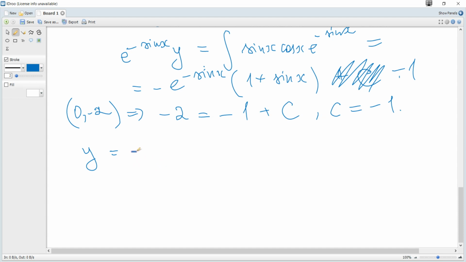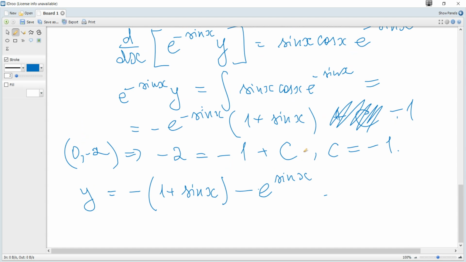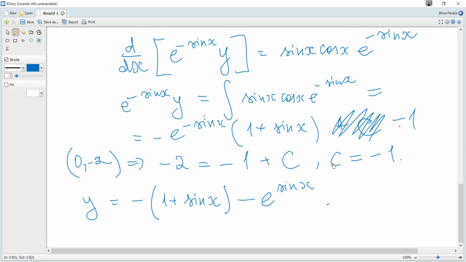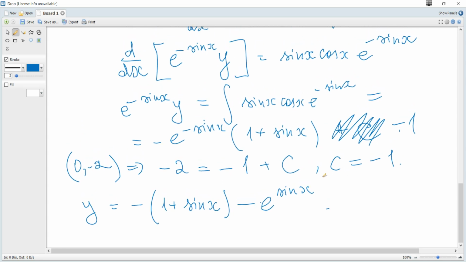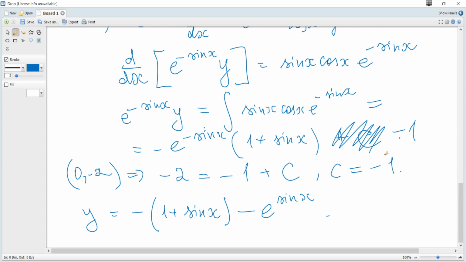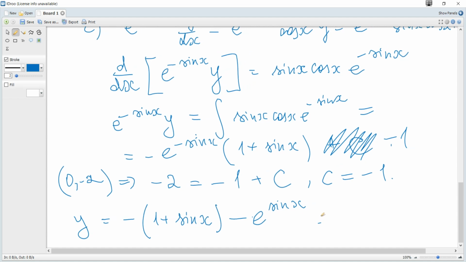It will be minus 1 plus sine x and negative this 1, times e to the power sine x. And it's the required solution in the form y is f of x. It seems to be correct. And that's all for this question.